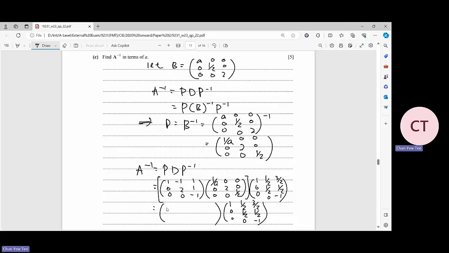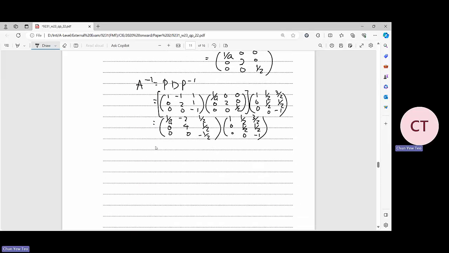So the first two I multiply, I get 1 over a, 0, 0, -2, 4, 0, and half, -half. Now I multiply the remaining two.